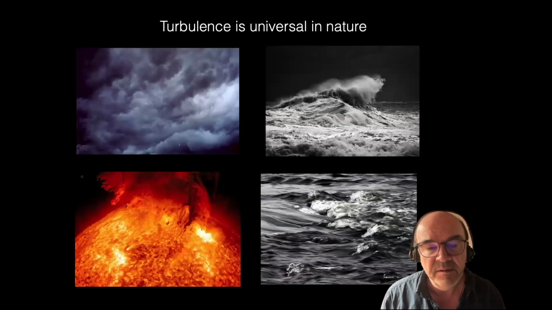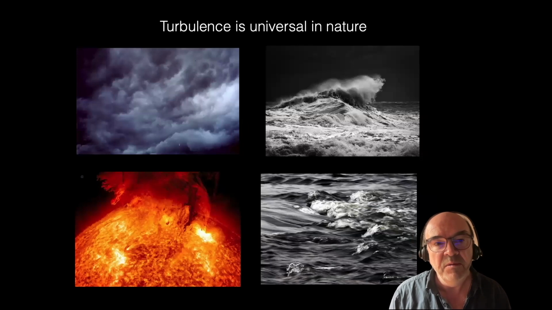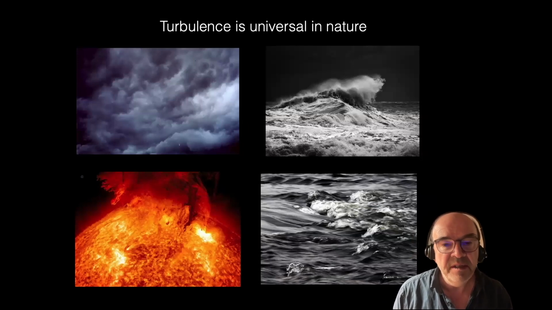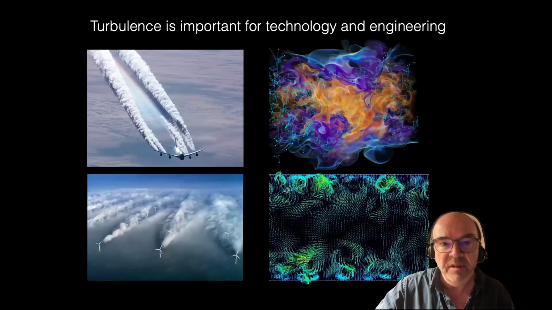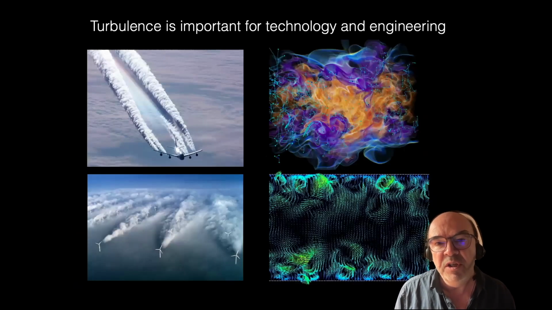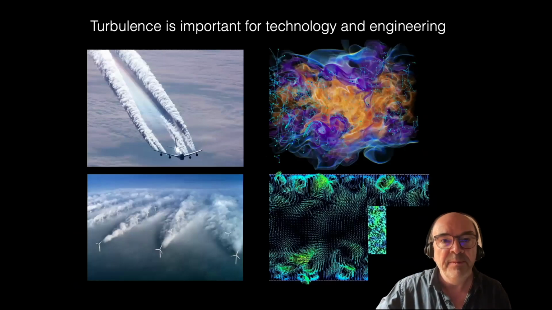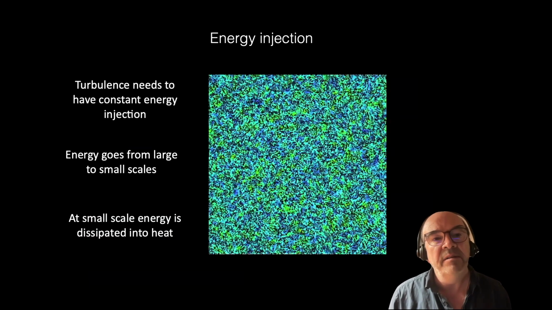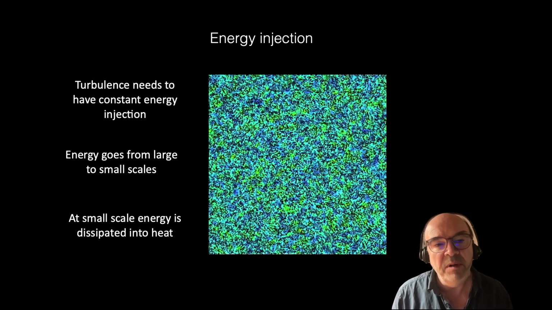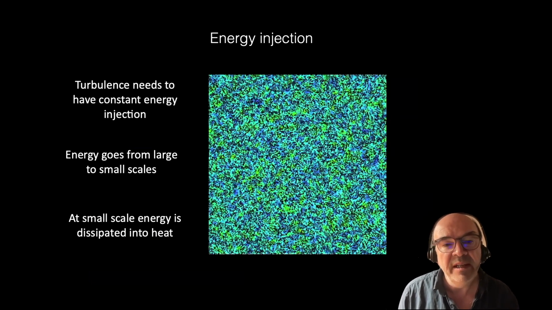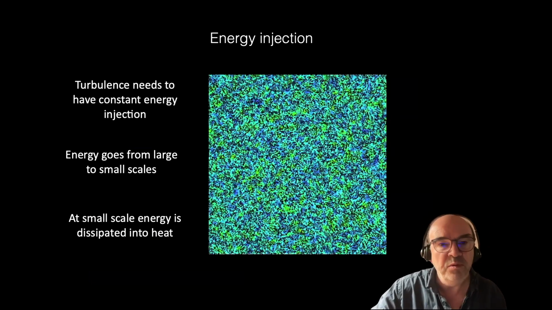You can find turbulence in clouds, in the atmosphere, in the ocean, also in stars and in rivers, and also in engineering, for example, for planes, for renewable energy, and also for chemical reactions. Turbulence also needs an injection of energy, then the energy goes from large scales to small scales, and at the end, if you don't inject energy, then everything stops. And at small scale, energy is dissipated into heat.